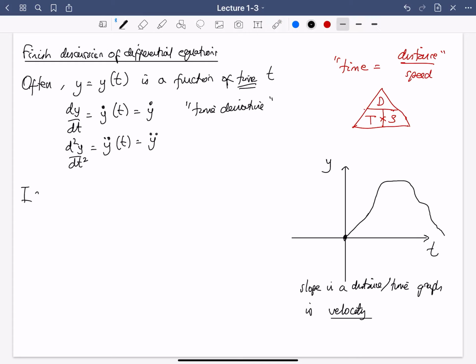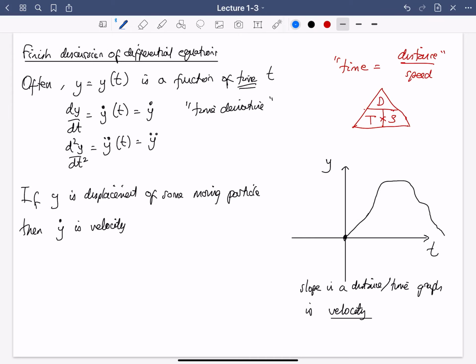So this is meant to convince you that if y is displacement of some moving particle, so y of t is how far it is away from the origin at time t, then y dot, the time derivative, is velocity.